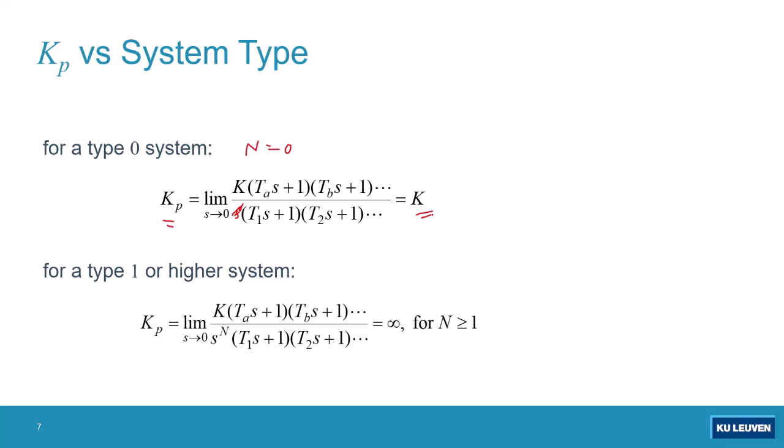This means if you have a type 0 system, the static position error constant will be a finite number.